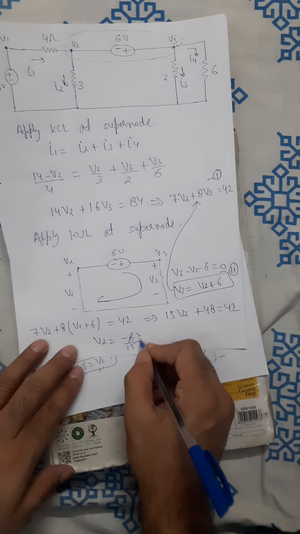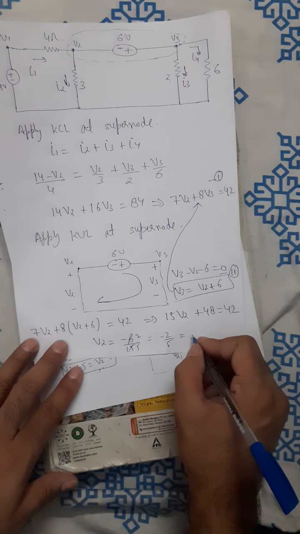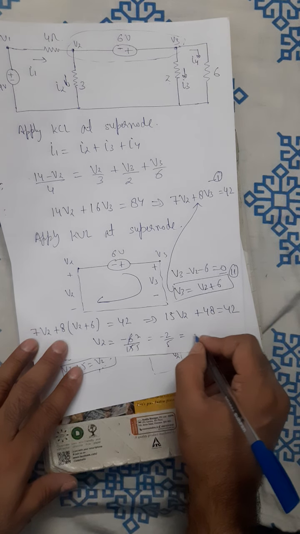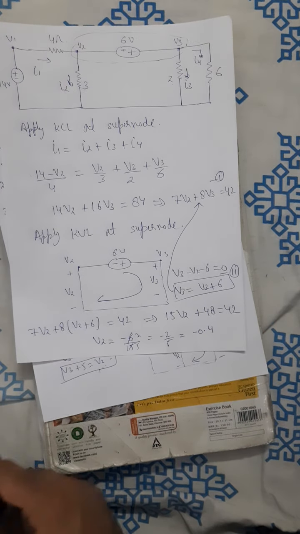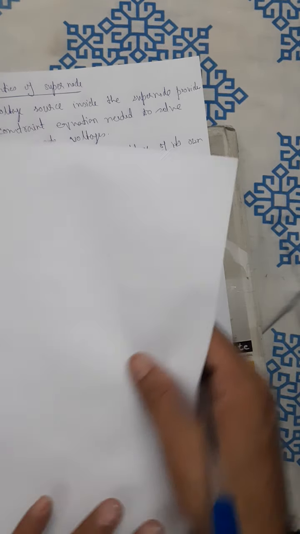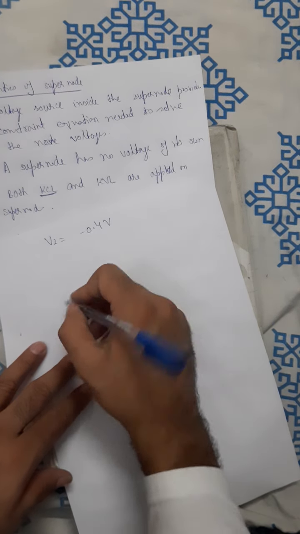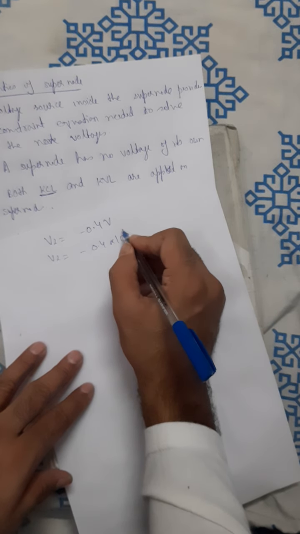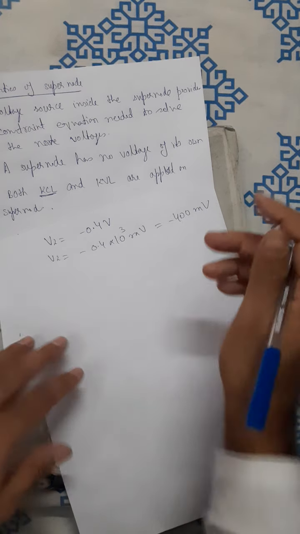So 3 twos are 6, 3 fives are 15, which is equal to minus 2 by 5, which is minus 0.4. So V2 is equal to minus 0.4 volt. If I want to convert this into millivolt, V2 is equal to minus 0.4 into 10 raised to power 3 millivolt, which is equal to minus 400 millivolts.